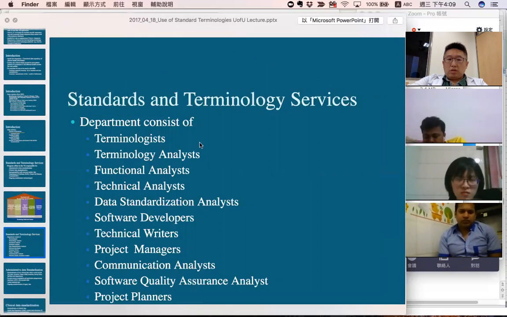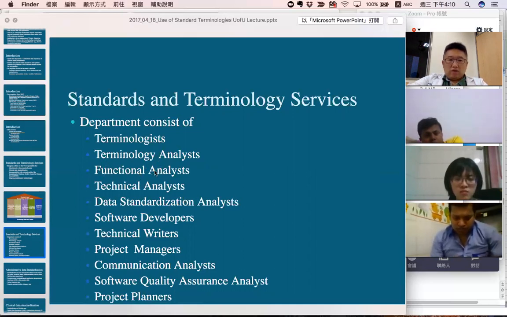So you can see that at the enterprise level, the terminology service needs to consist of the following. They need the terminologist. As far as I know, in Taiwan very few people are trained as terminologists, and I think we have already given you some courses about terminology, so you will know terminology is not quite easy.